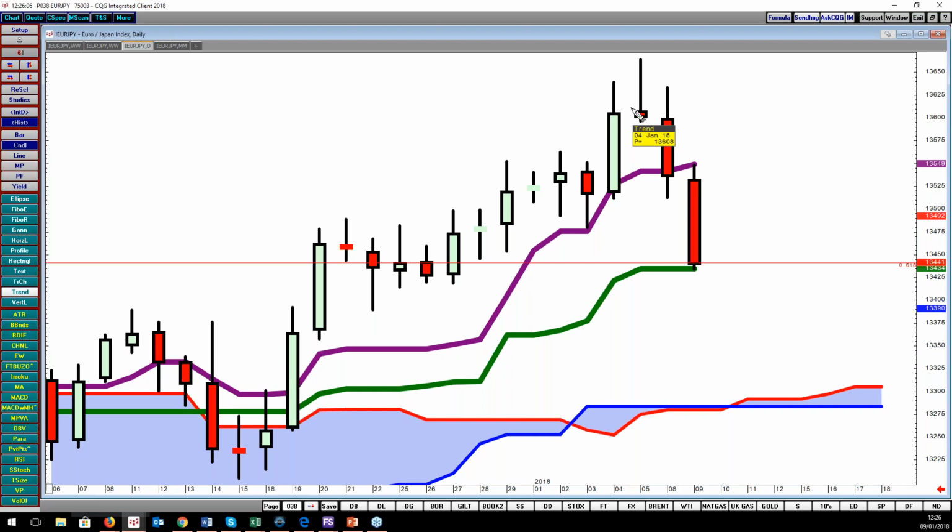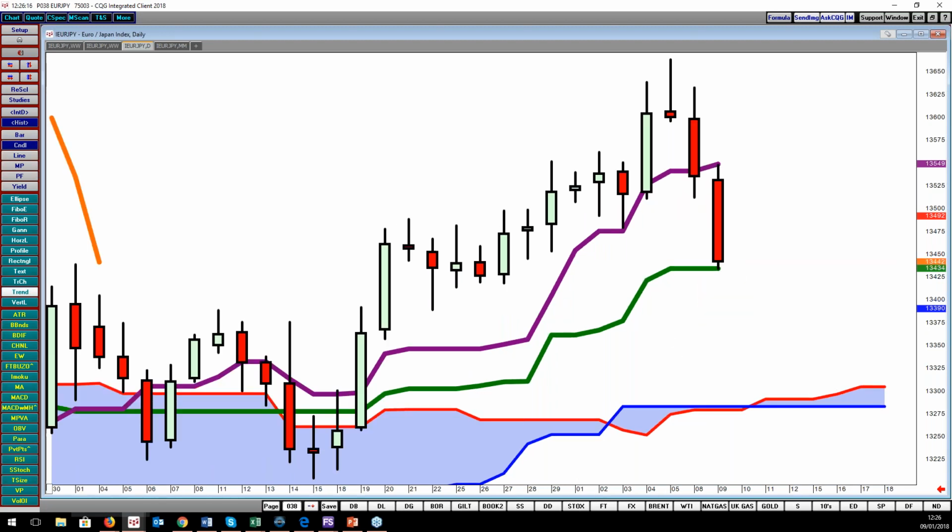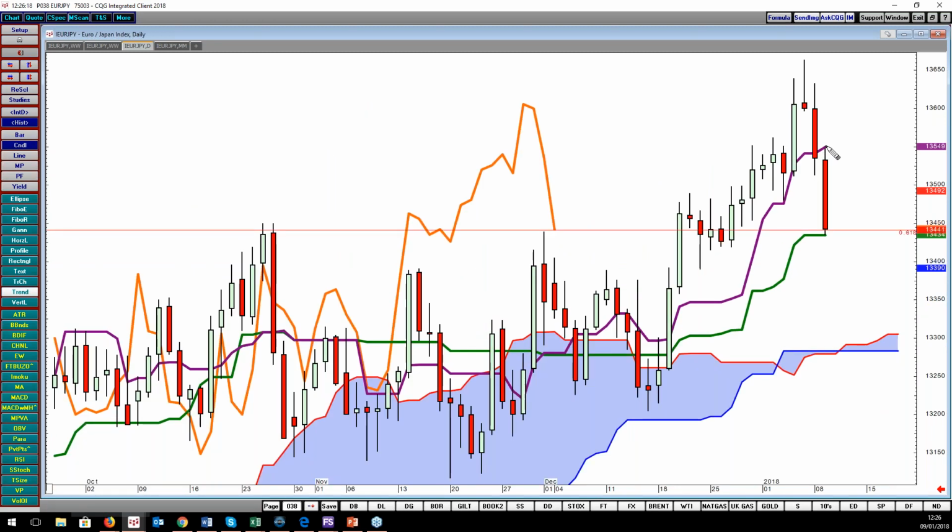Okay, that was Friday, that was Monday. No, sorry, that was Thursday, that was Friday, that was Monday, and this is today. Okay, that's quite interesting, isn't it? Today's range has almost been exactly defined by the two span lines. Okay, I've just spotted that myself.